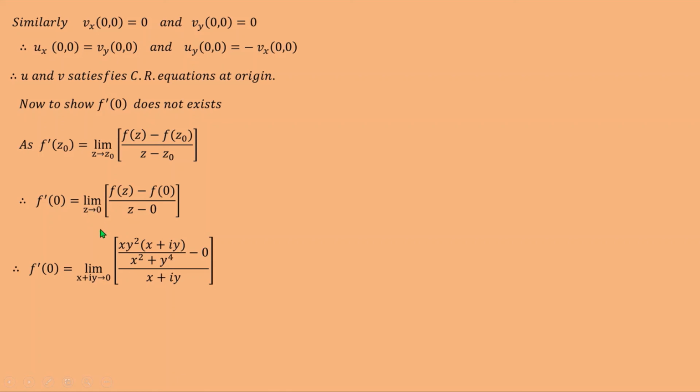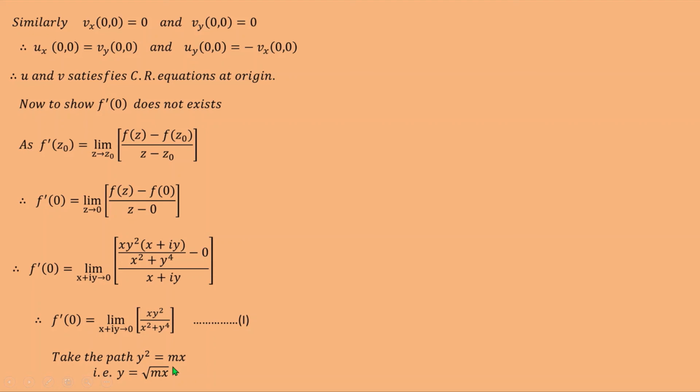So limit x plus iy tends to 0, given the value of f of z, which is xy square into (x plus iy) upon x square plus y raised to 4, minus f of 0, which is given as 0, upon z meaning x plus iy. Here we observe that this x plus iy gets cancelled, and so f dash 0 is equal to limit x plus iy tends to 0 of xy square upon x square plus y raised to 4. This is equation number 1.